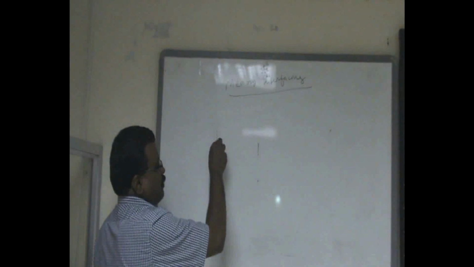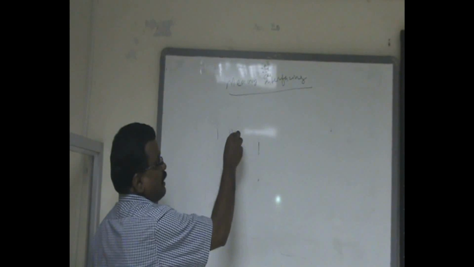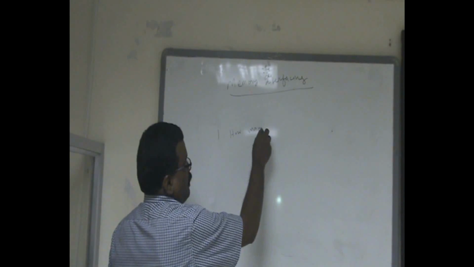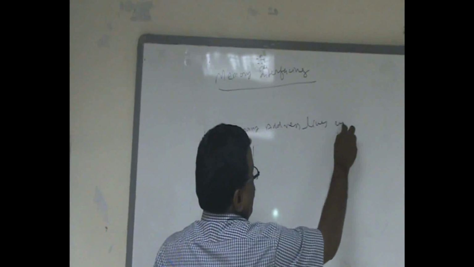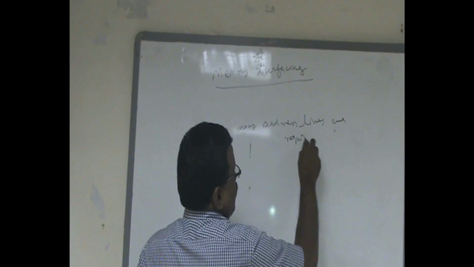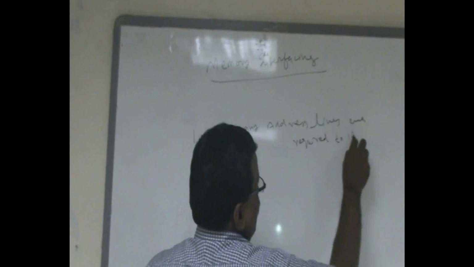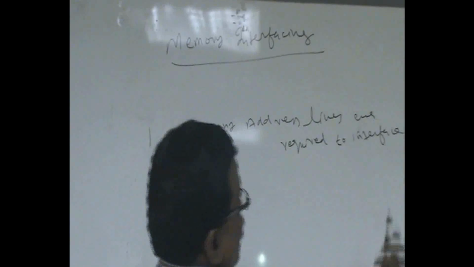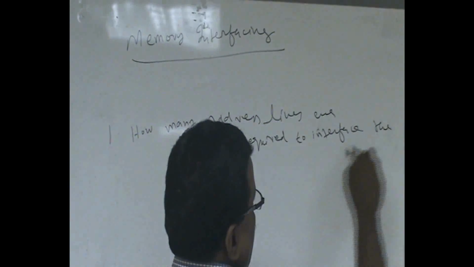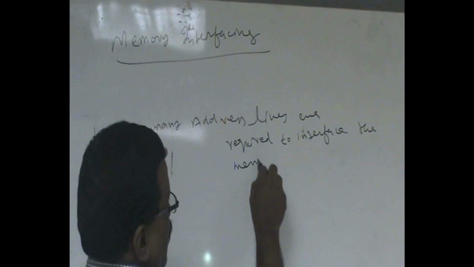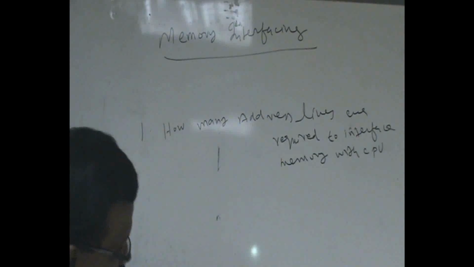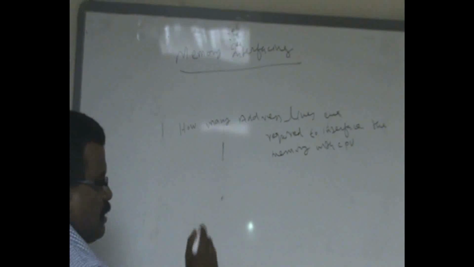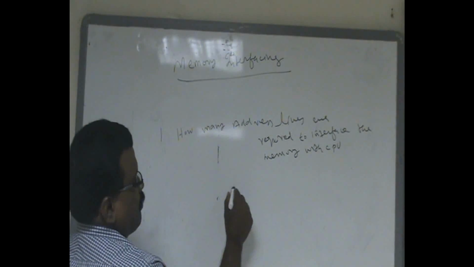Number one: we should find out how many address lines are required to interface the memory with CPU. For example, if the question is to draw the interfacing diagram for 8K RAM, then this is the formula you should use to find the number of address lines.